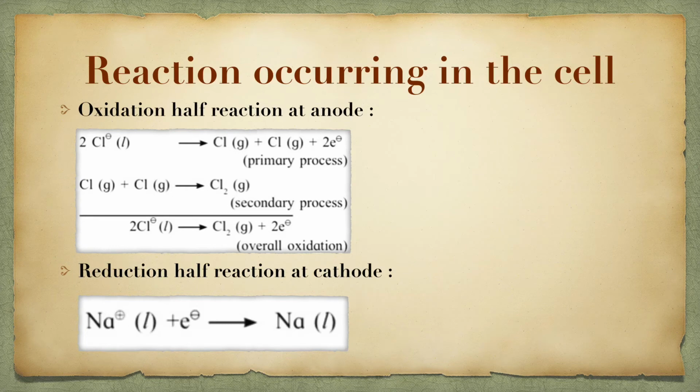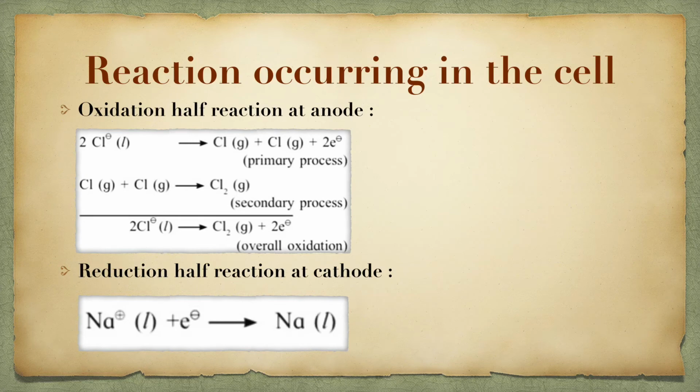Second step, whatever Cl is made, that will convert into Cl2 gas. That is the secondary process. When we combine both the primary and the secondary process, we get the overall reaction at the anode, that means overall oxidation. So 2Cl minus will give Cl2 plus 2 electrons.